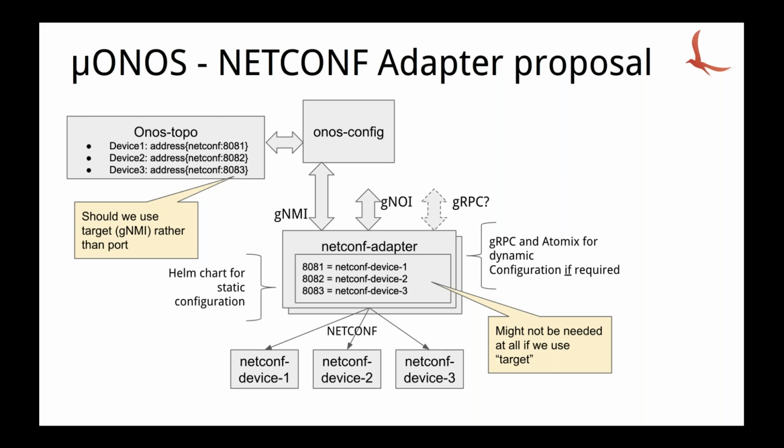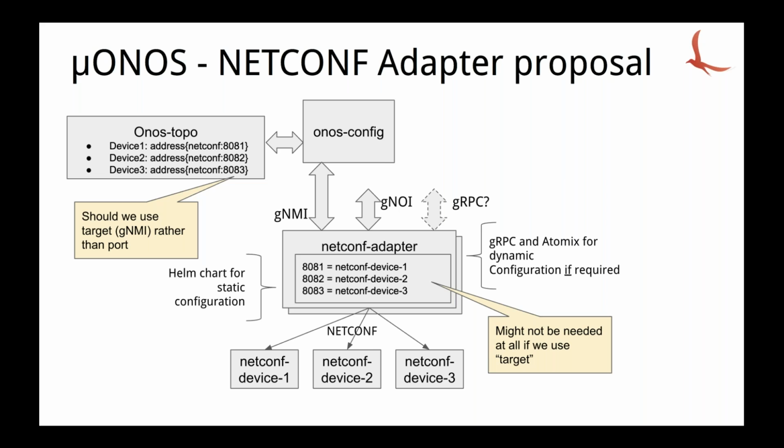But would there be many of them? Would there be replicas? Would atomics have to be involved? Could we do the whole thing stateless? One way of driving this, from the ONOS topo perspective, is for each device that we create there, representing the real device, we could have the address be the NetConf pod.